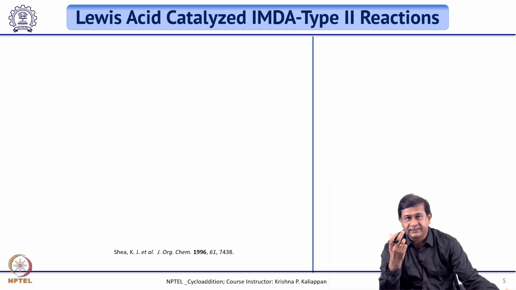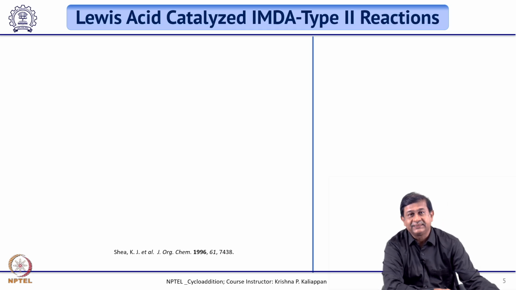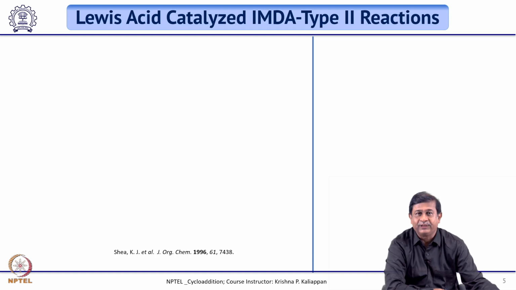It coordinates with the carbonyl group or electron withdrawing group of the dienophile and brings down the energy of the LUMO, so that the HOMO-LUMO energy gap comes down automatically. As a result, the temperature required for Lewis acid catalyzed Diels-Alder reaction is very low. Many times you can do this reaction at room temperature or even at sub-room temperature.